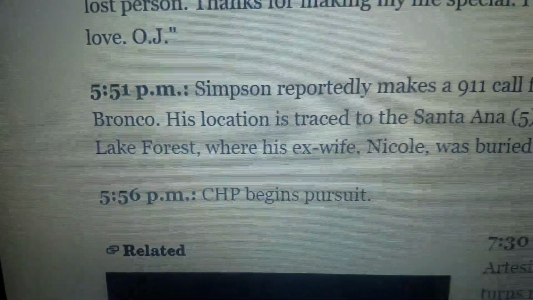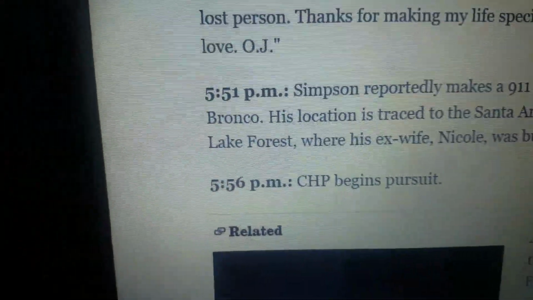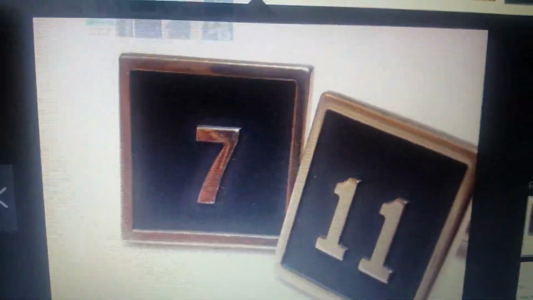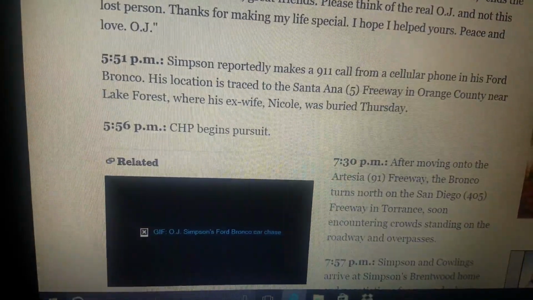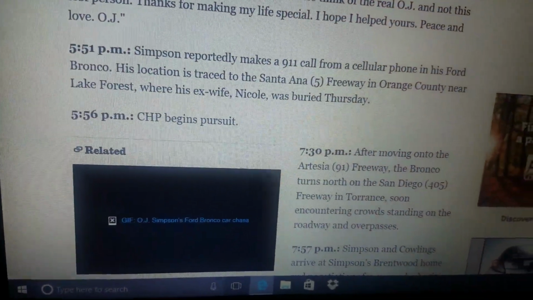The chase started at a time that goes back to the number 7. 7-11 connection again with the start of the chase. And the chase started on the Santa Ana 5 freeway. Very, very significant, these numbers.